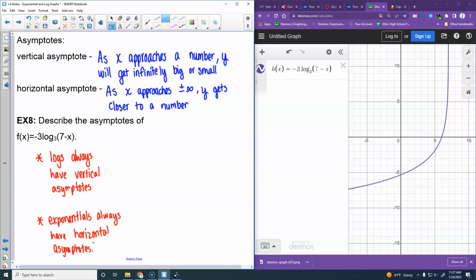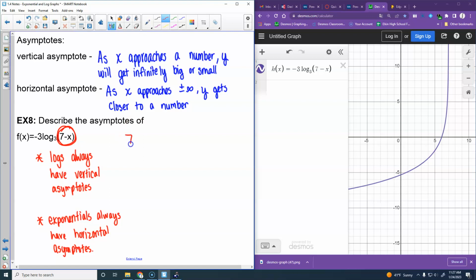So this is a log. It has a vertical asymptote. Where does it look like it is? I think it's 7. How can I know for sure that it is 7? If I look at right here, that's 7 minus x. Logs cannot equal 0, right, inside of that logarithm.